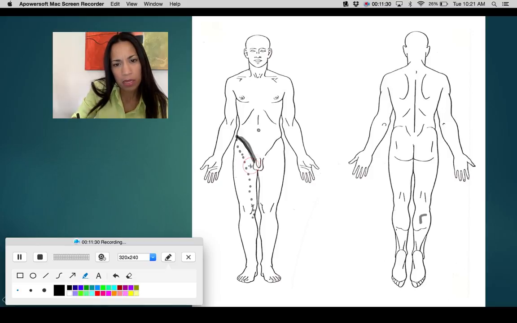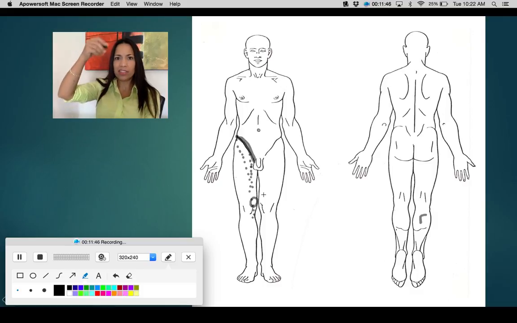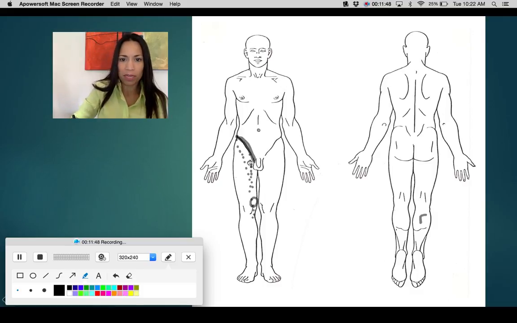And mostly here, we can feel the adductor longus. And the adductor magnus inserts in all the medial aspect of the femur, then skips these parts and inserts into the adductor tubercle of the femur, and leaves this adductor hiatus.